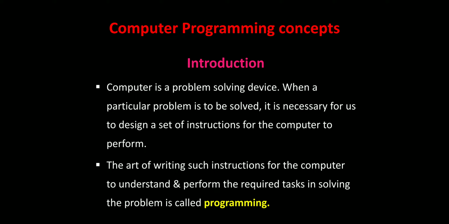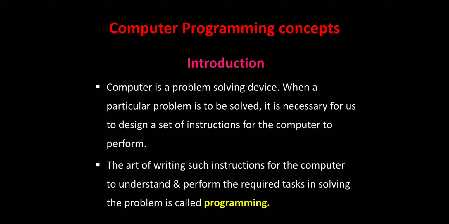Without giving any instruction, the computer cannot work. Computer is a problem solving device. When a particular problem is to be solved, it is necessary to give some instructions to the computer to perform. This is the computer.